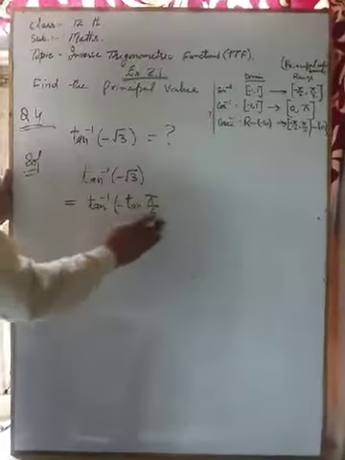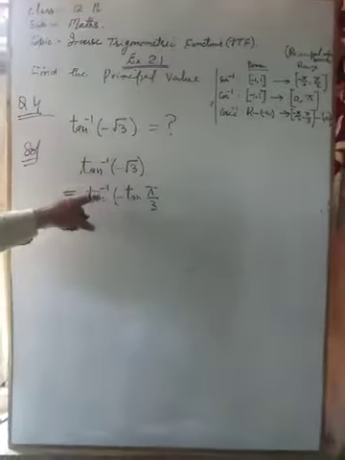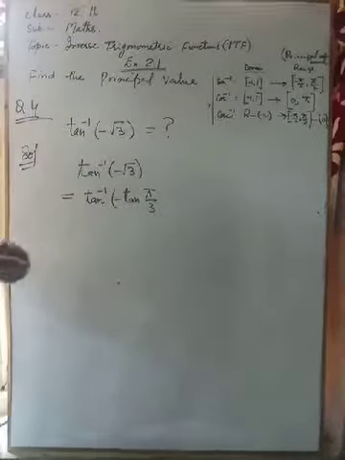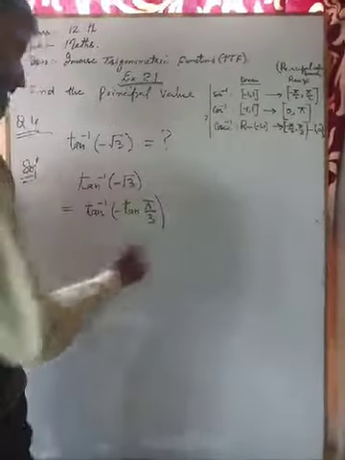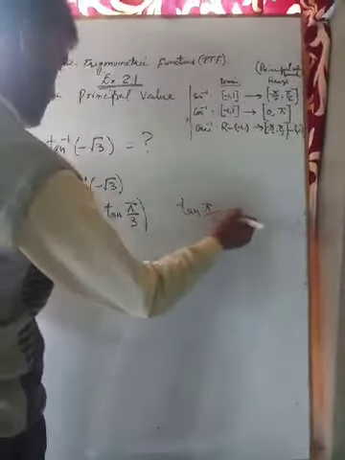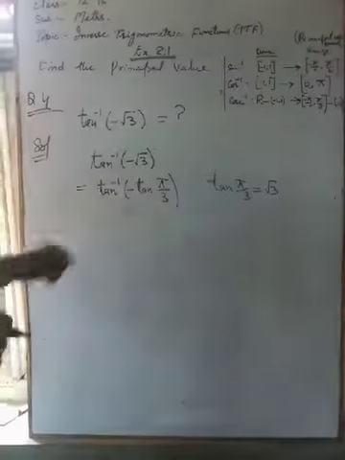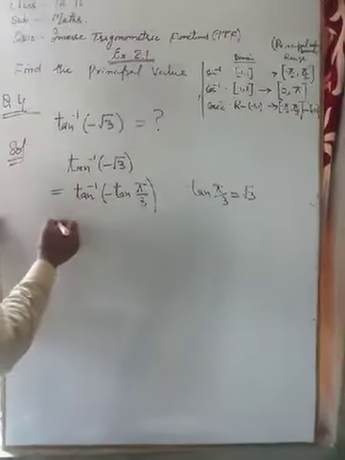Yes, pi by 3. Tan inverse minus tan pi by 3 because tan of pi by 3 is equal to root 3. tan pi by 3 root 3 के बराबर होता है. तो इसको ऐसे हम लिख सकते हैं और इसको हम चेंज कर सकते हैं.